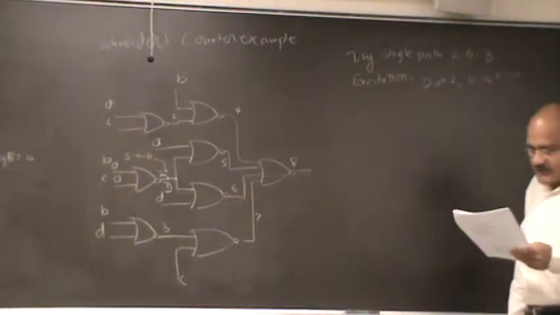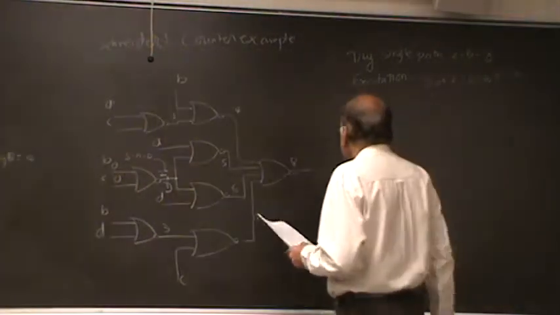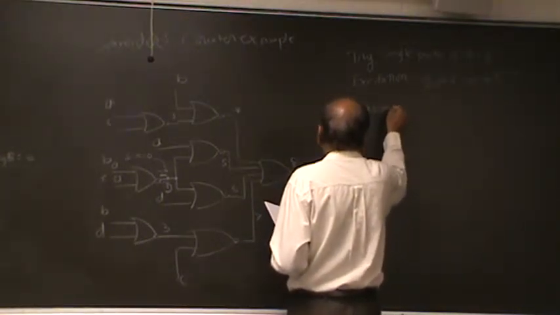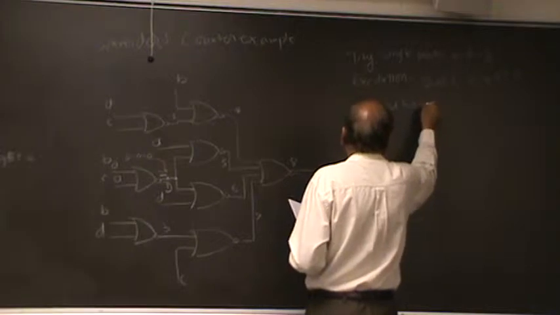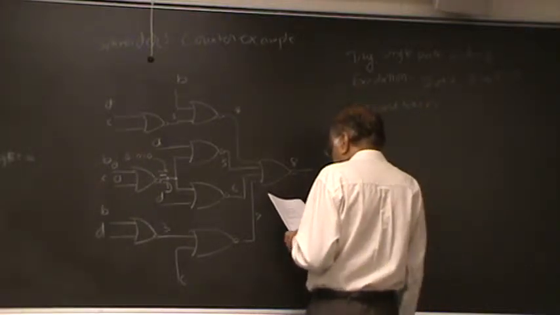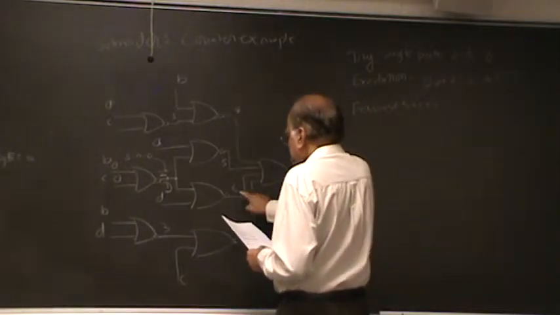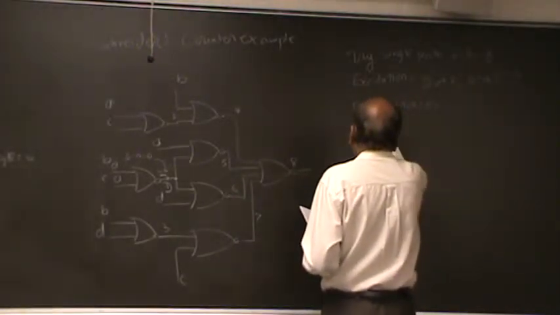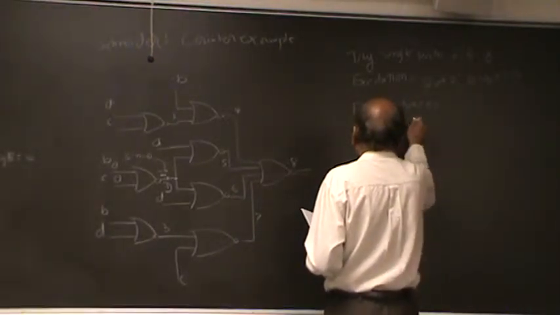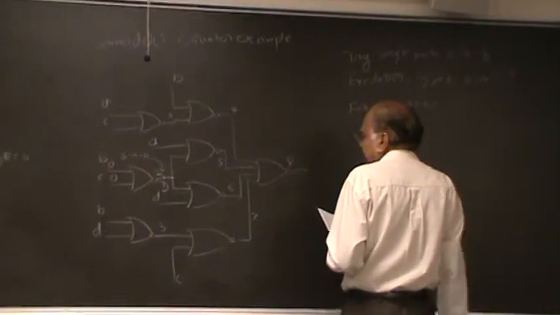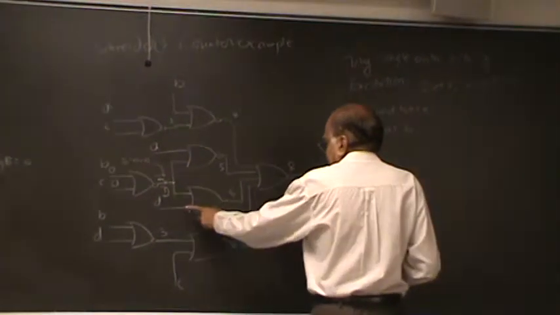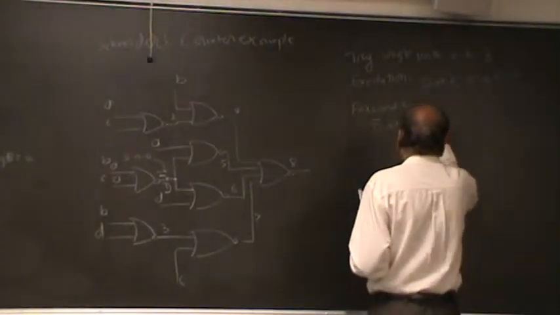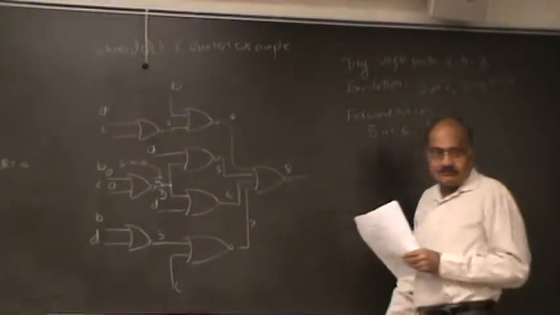Okay, and now let's trace forward. We can refer to it as forward trace. So we want to get a D bar at 6, and that needs that we make B equal to 0, right?